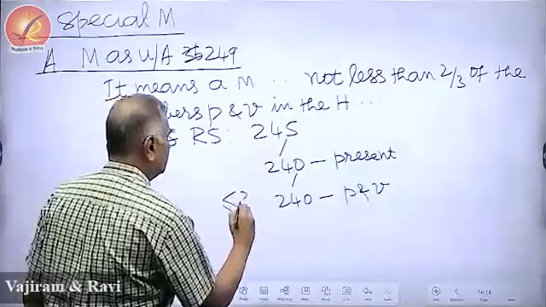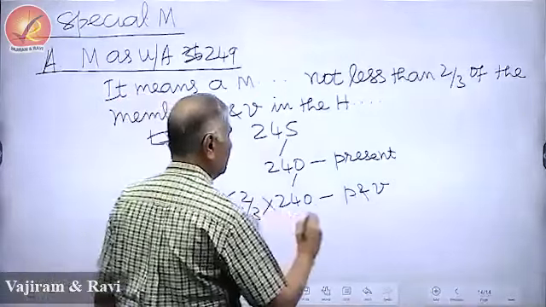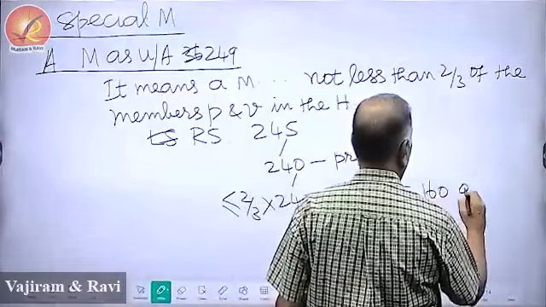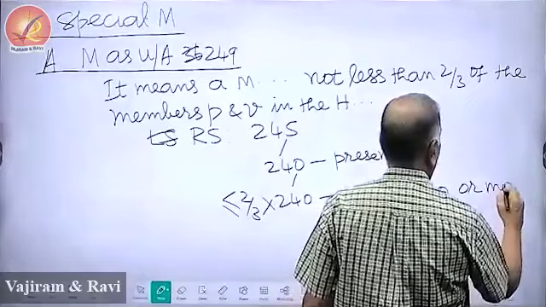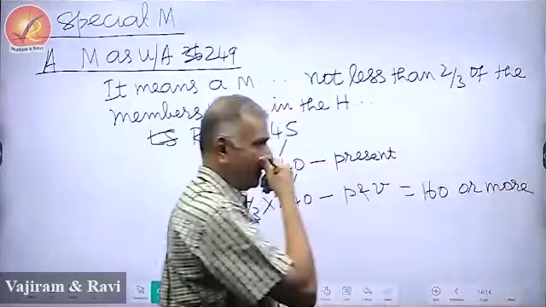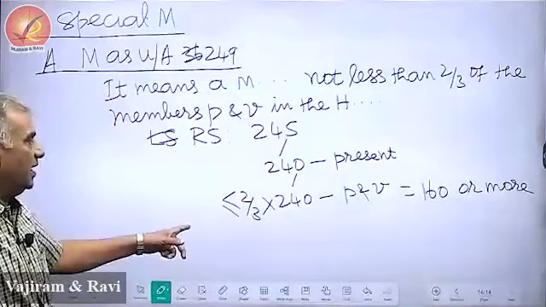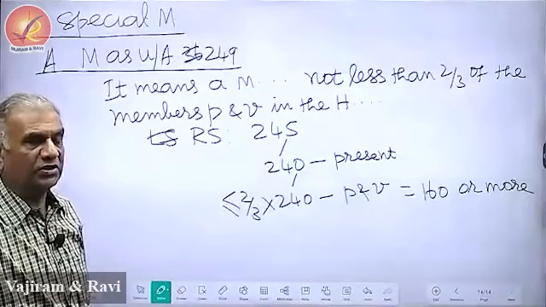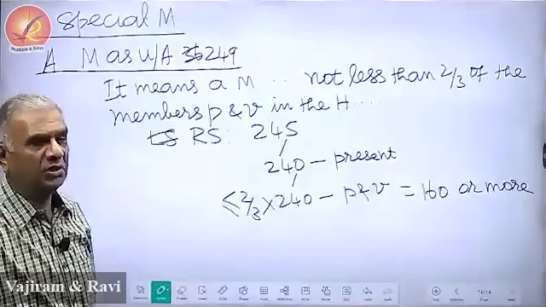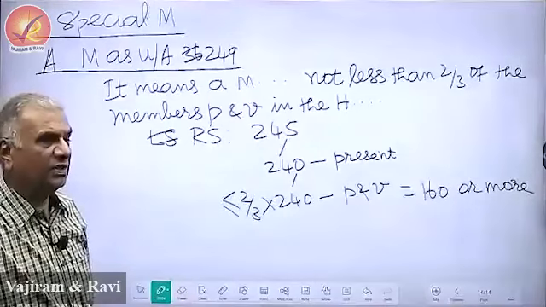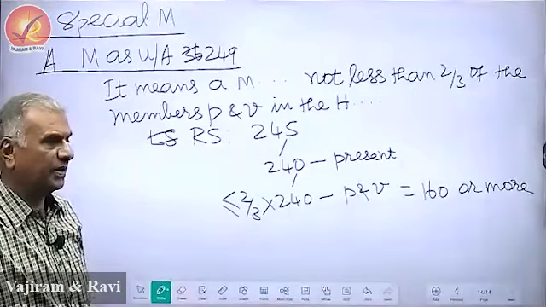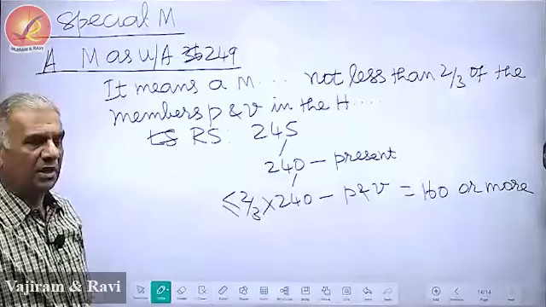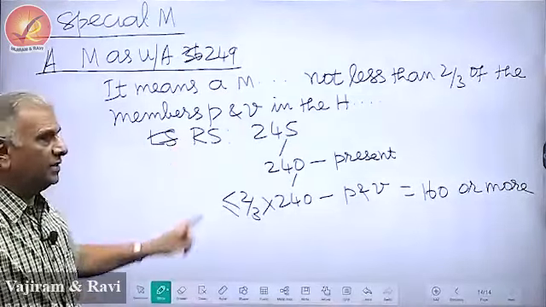Not less than 2/3 of the members present and voting. It will be 160 or more. So in this case, voting strength of 160 or more would constitute special majority of this type. Right. Now where is it used?